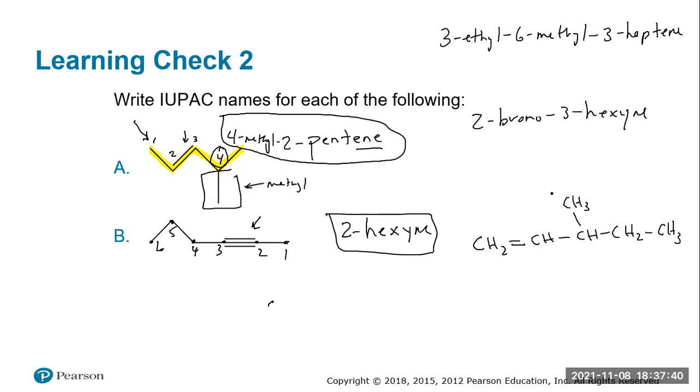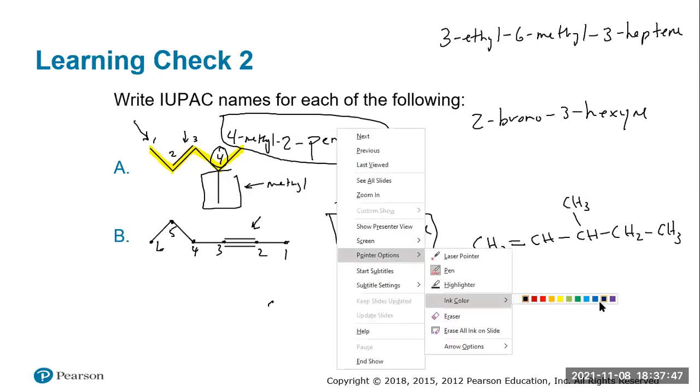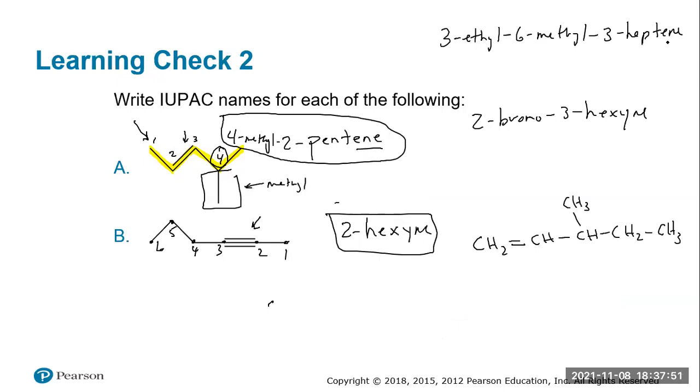Again, we have the name, so we're going to just work our way backwards here. So starting with the first one up on top, obviously we have heptene. The ENE tells me it's a double bond. The heptane part tells me it's 7 carbons.